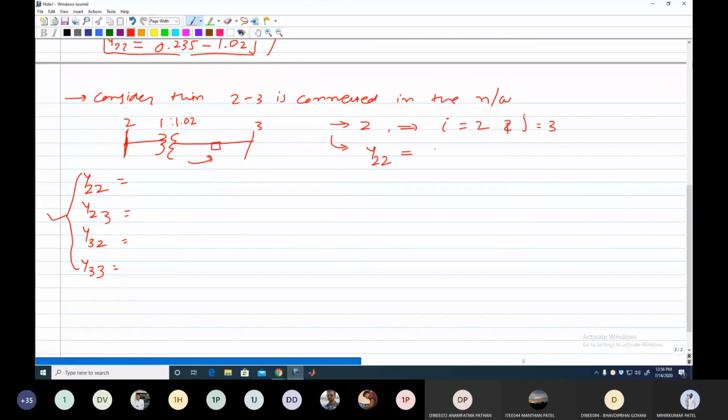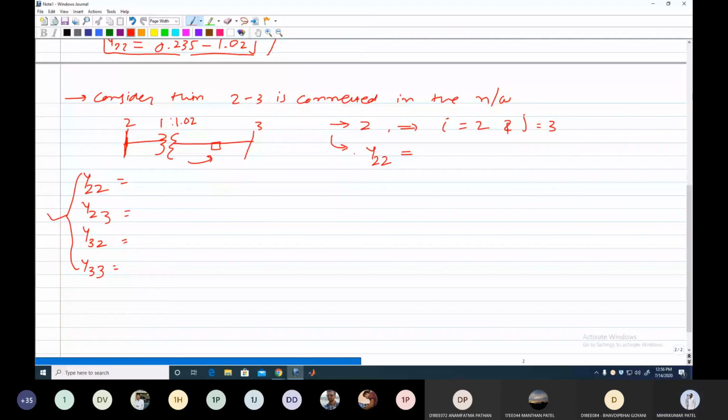Write down the equation for Y22 with the case of transformer. As the transformer is connected on bus number 2, you have to consider the term with a square in this equation.